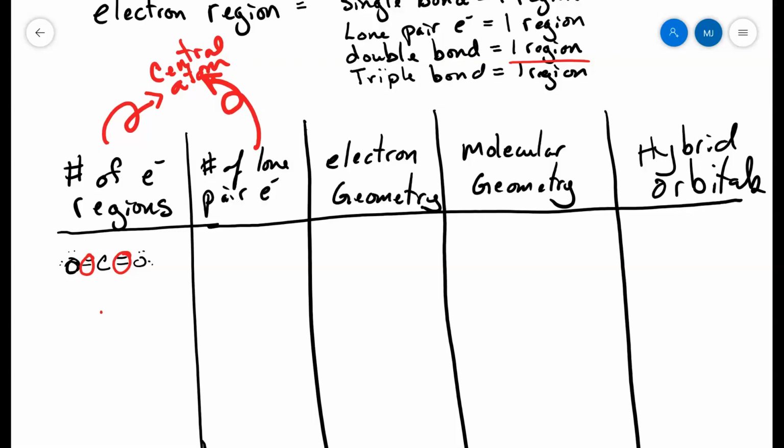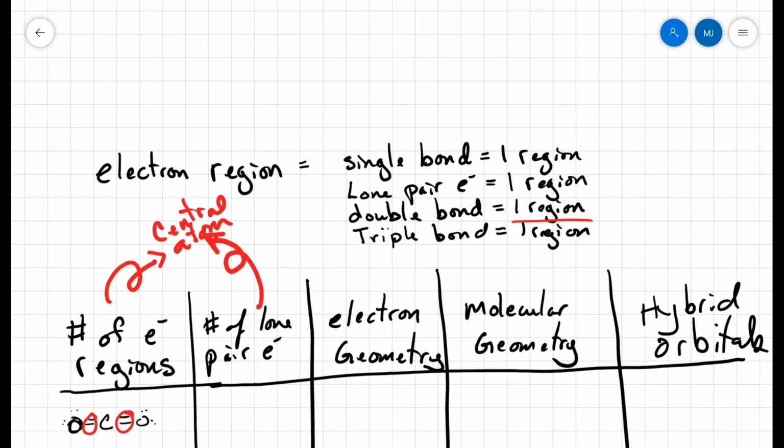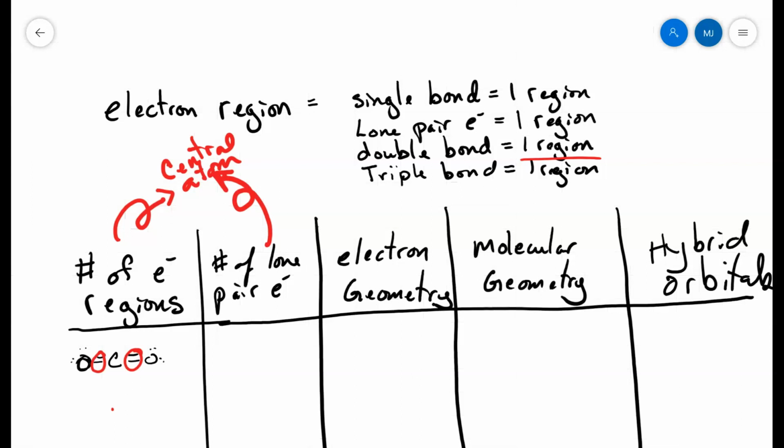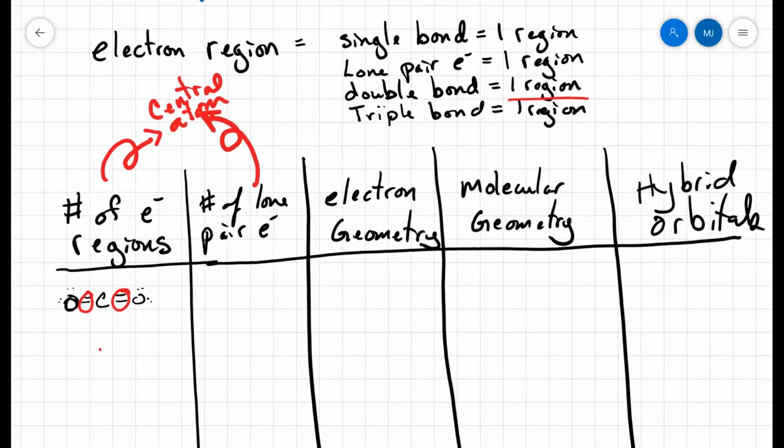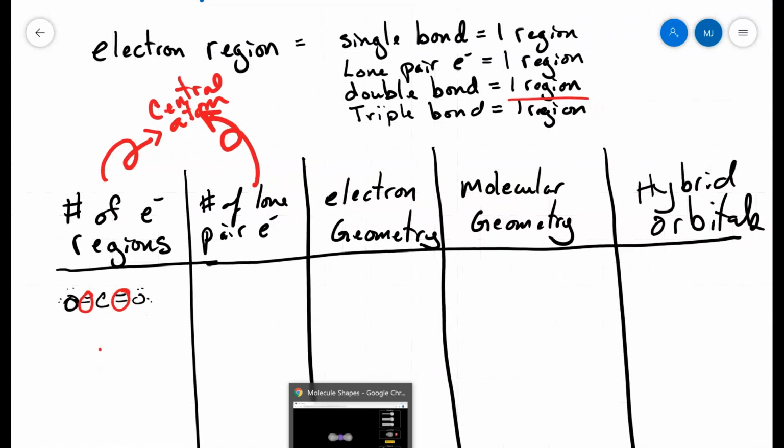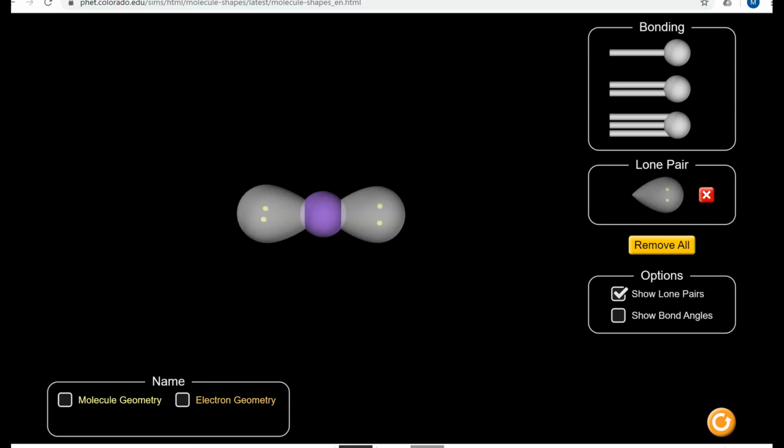This website, I'm going to put this up on top here. If you just Google PhET and then VSEPR, you'll get this website. It's at the University of Colorado, and it is a very cool, very simple, user-friendly program.